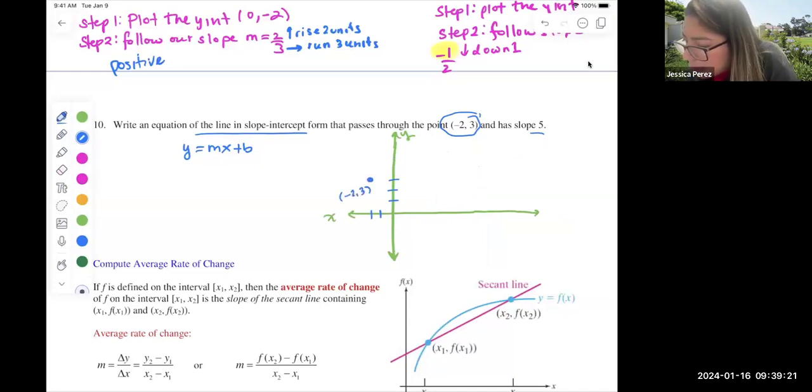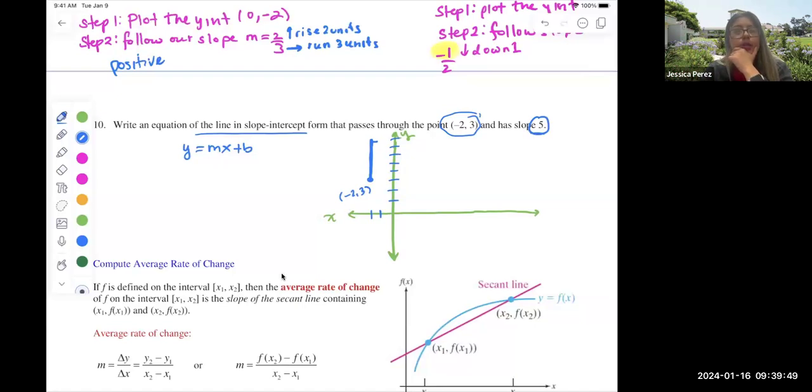And then from here, I'm going to go up 5, so that should be at 8. So let's see, 1, 2, 3, 4, 5, 6, 7, 8. Perfect. Up 5 over 1 because my slope is 5. So I'm going to need a little bit more tick marks.